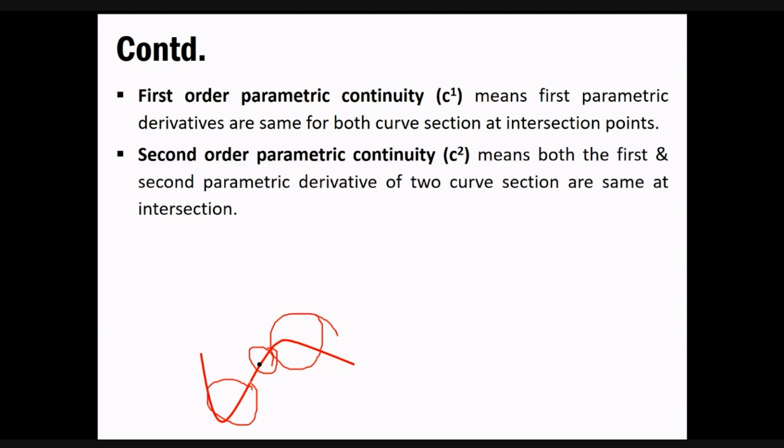Similarly, second order parametric continuity. Once we have seen the first order derivatives of the first and second curve sections being the same at the intersection point, why do we require second order parametric continuity?